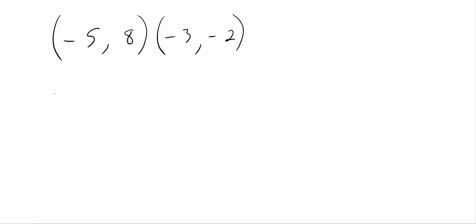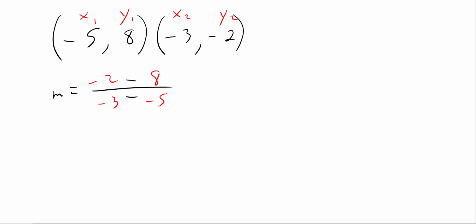Okay, so here we go. M equals, okay, again I'm going to label it x1, y1, x2, y2. All right, so it's negative 2 and 8 and negative 3 and negative 5.